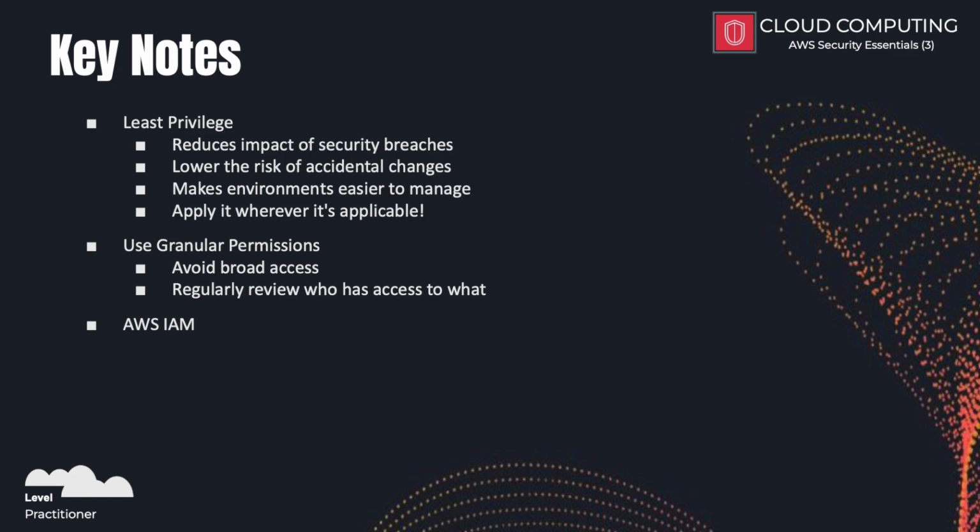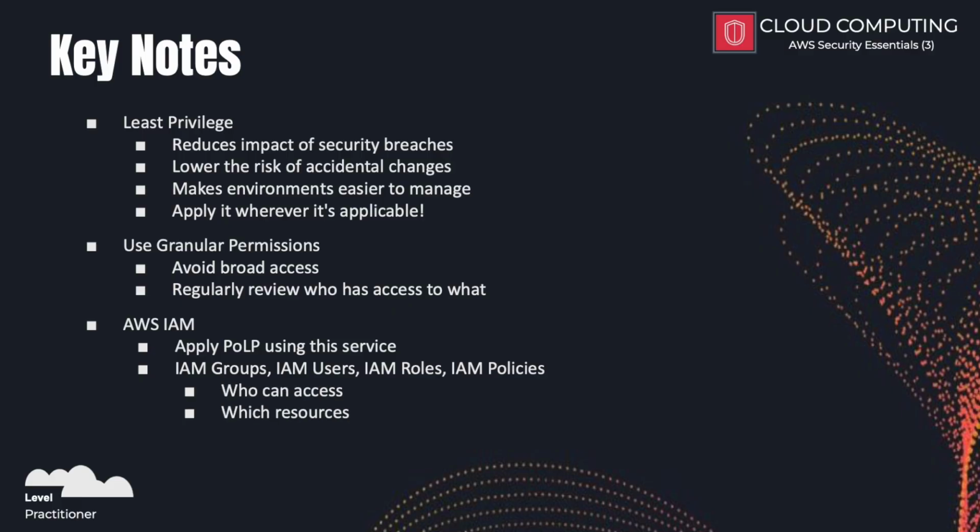AWS IAM is the service that you use to apply the principle of least privilege to your AWS resources. With the way you create IAM groups, IAM users, IAM roles, and IAM permissions, you can define who can access which resources and what actions they can perform on that resource.